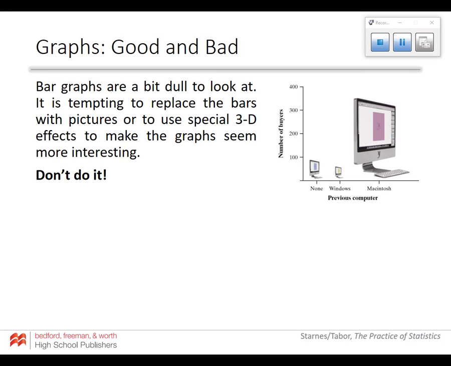The Macintosh looks a lot larger than it actually is, because the area is so much bigger. When you use pictographs, a bigger area makes it seem like a bigger comparison than it actually is.